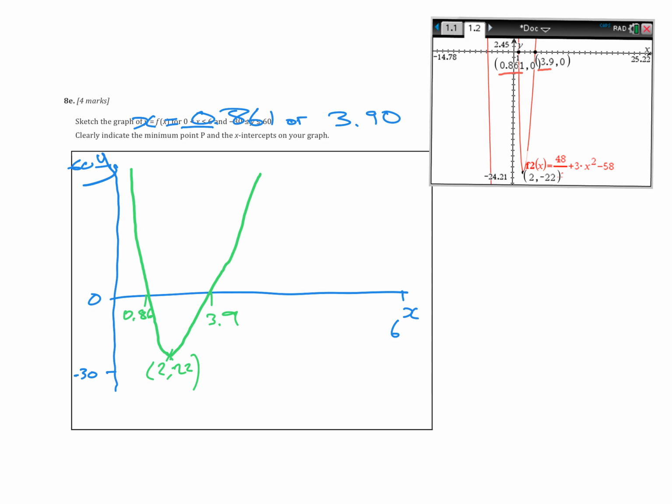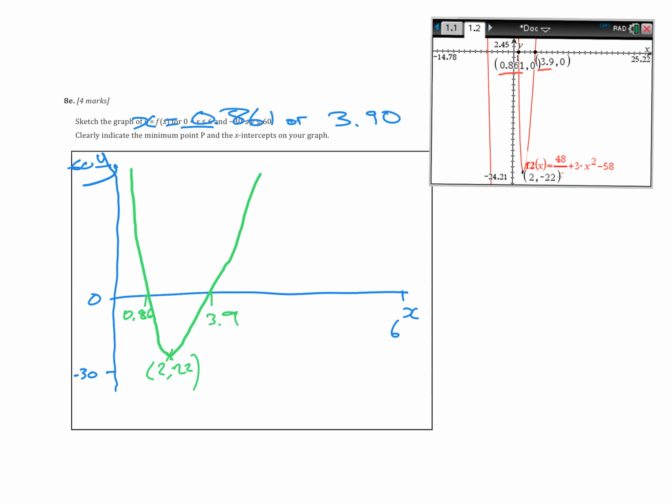And another mark for a smooth curve with the correct shape and zeros in approximately the correct position relative to each other. Point P indicated in approximately the correct position, and identified on the curve, reflecting asymptote properties. So yeah, that's about that.